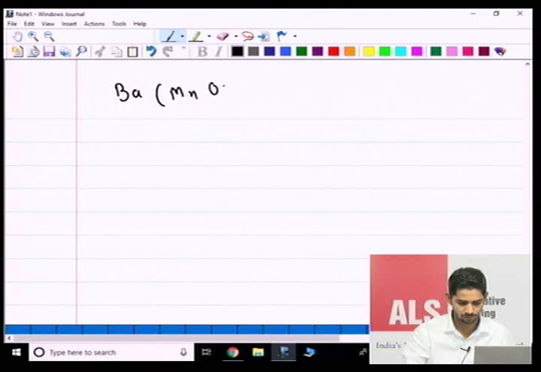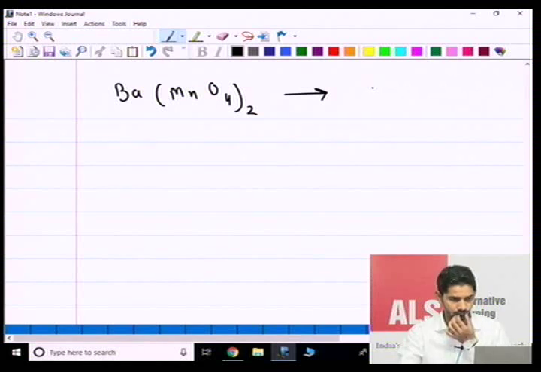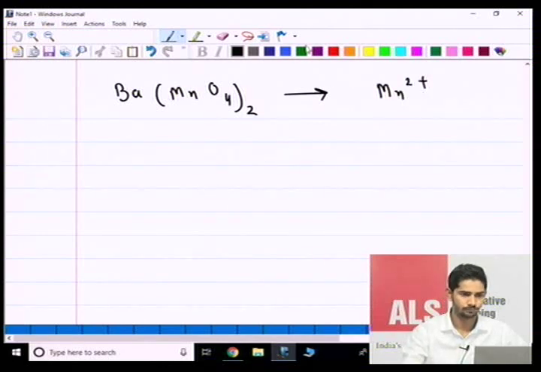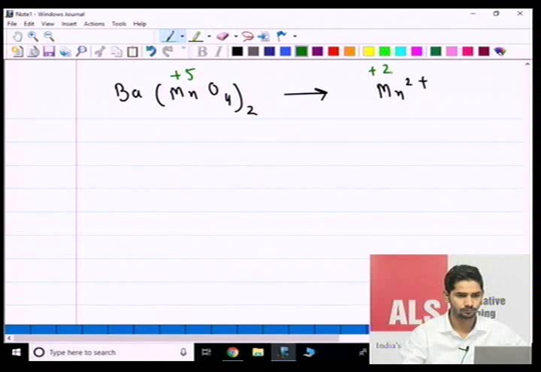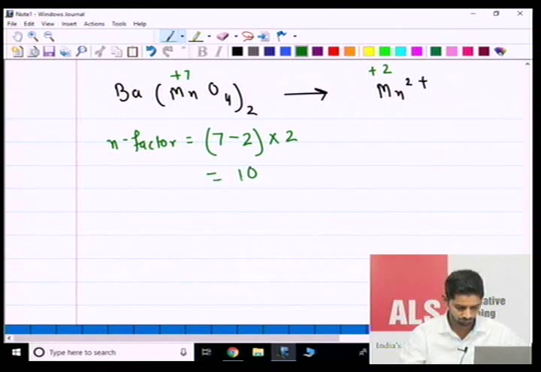Ba MnO4 whole twice in acidic medium. Don't copy this. Wait for some time.